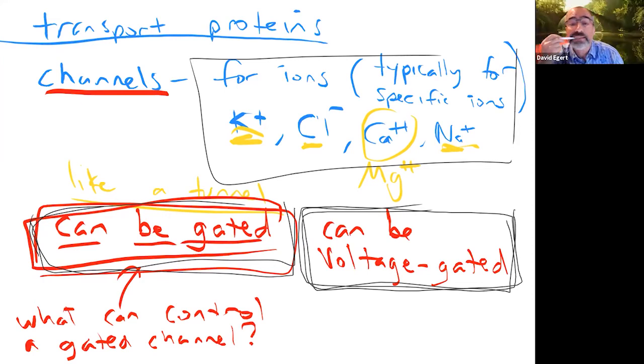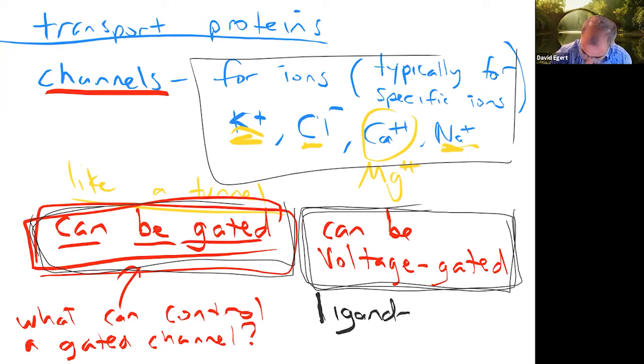What other things can gate an ion channel, can control whether it's open or closed? Some kind of a messenger from another part of the body, like a protein that will attach on the outside of the cell. Exactly. So the kind of generic word for these signaling molecules is ligand. If you don't know this word, it's a word we're going to use a lot in this class.